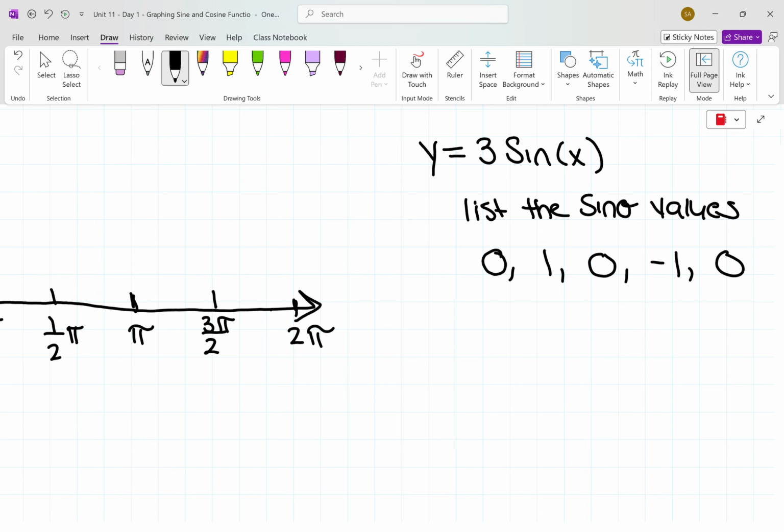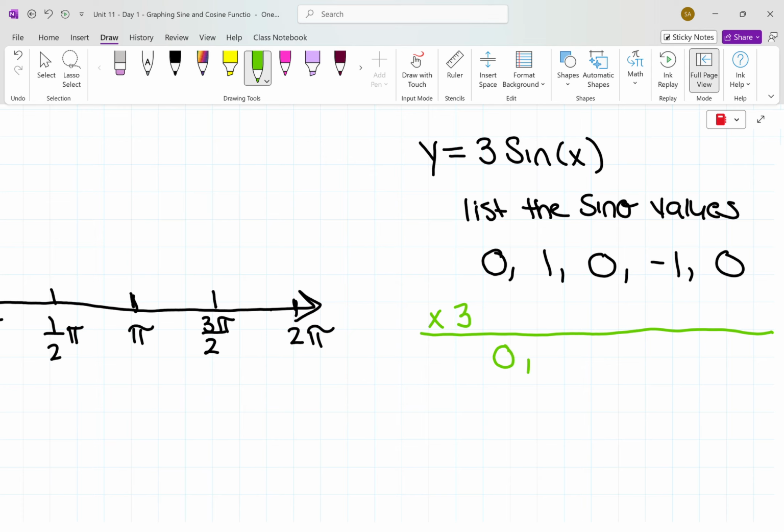So now what we're going to do, this represents the sine of theta by itself, or sine of x by itself. But what have I done to the sine of x? What is this 3? Multiply by 3. That 3 means multiply by 3. So I'm going to take all of these key values and now multiply each of them by 3.